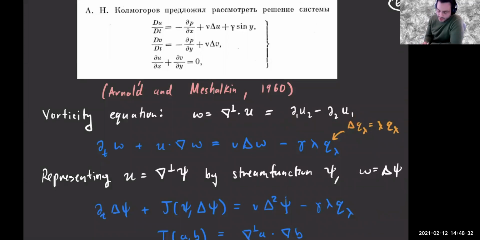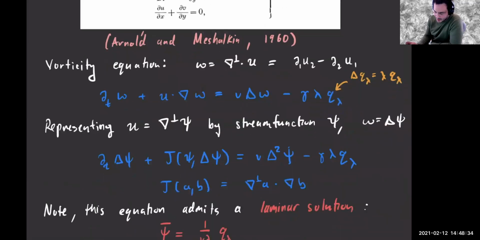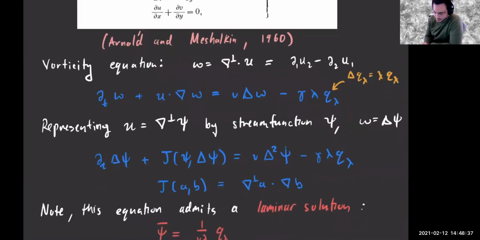Now, we derived, or at least I stated, how this moves. So the vorticity is transported by the fluid velocity, it's diffused by the viscosity, and it's forced. And in 3 dimensions, you would have an additional term here that represents the stretching of the vorticity by the velocity gradients. But that term is not present in 2 dimensions because of the symmetry.